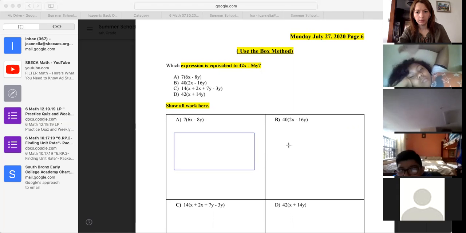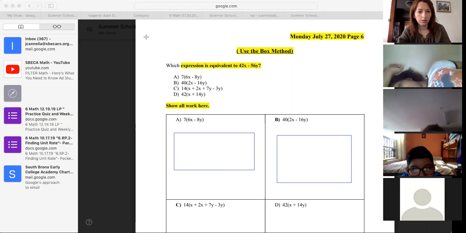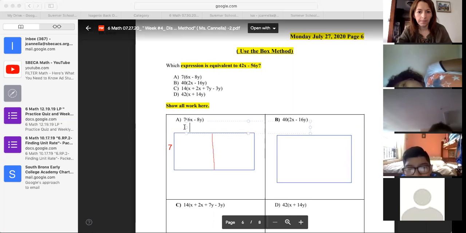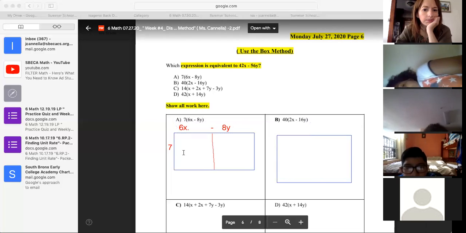Go ahead. You have to draw a line and then put the 7 right there. Okay, good. Keep talking. And then put the 6x right there, and then put the minus sign, 8y. And then you have to multiply 7 times 6x. It will give you 42x.